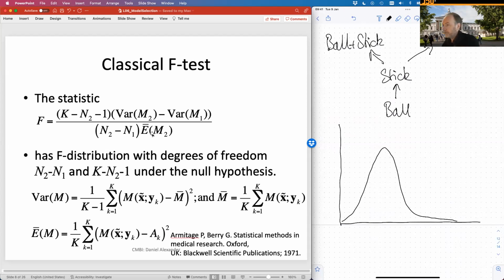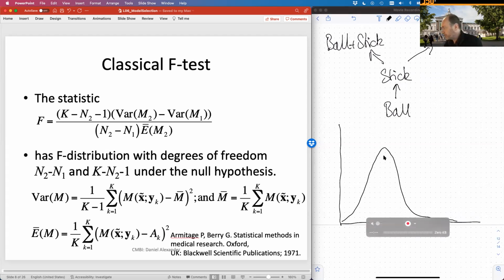It's a two-parameter family of distributions. It has these two parameters, called degrees of freedom, that can change the position of the peak of the distribution and how skewed it is away from 0. So we're saying that this statistic F follows this distribution under the null hypothesis.